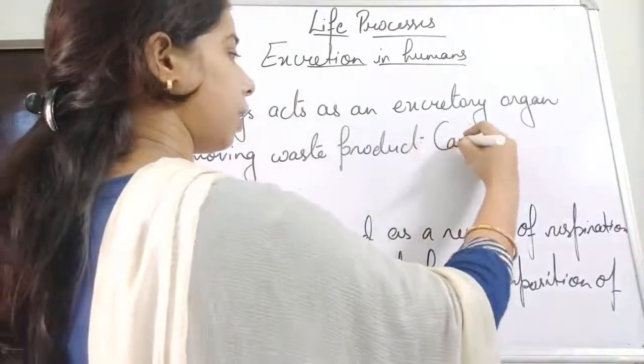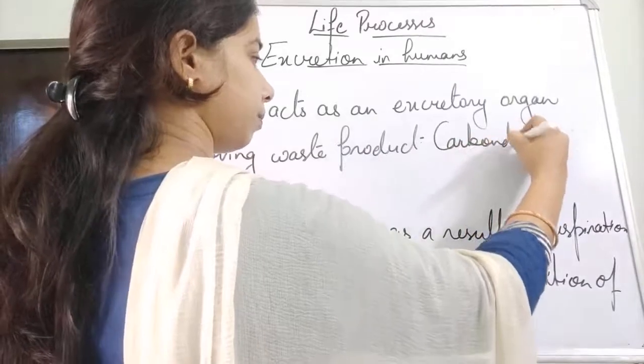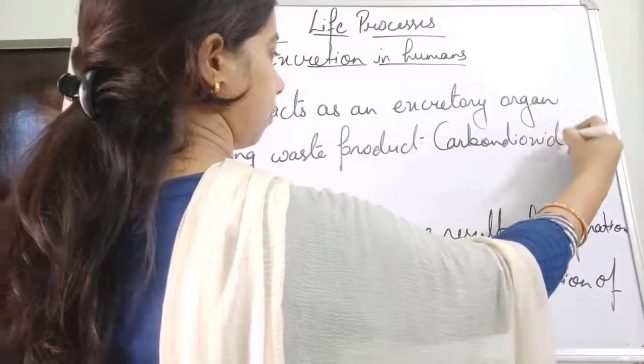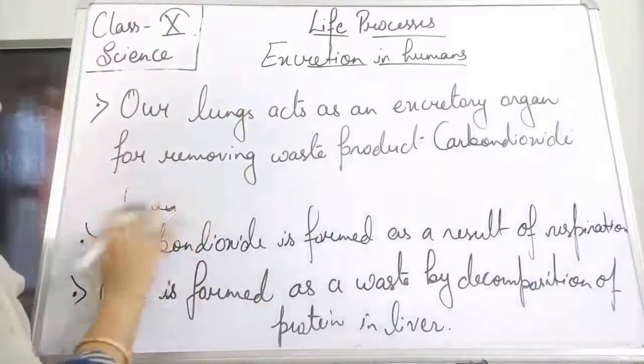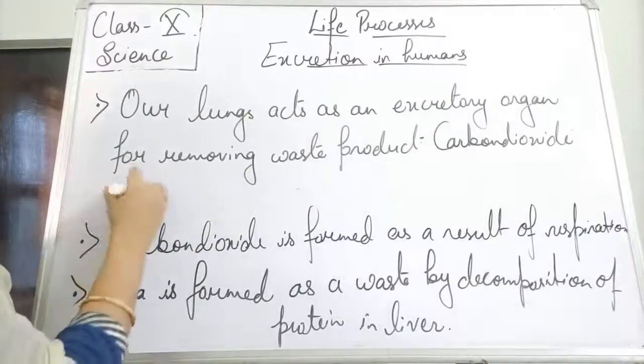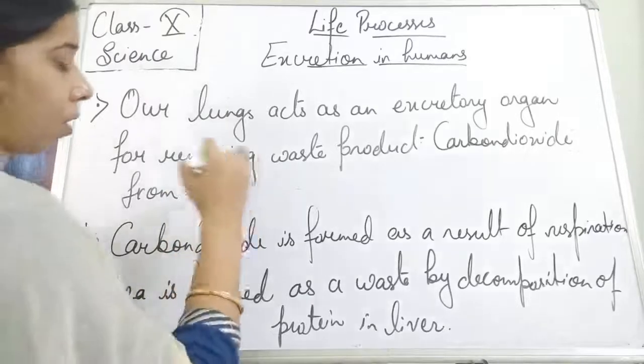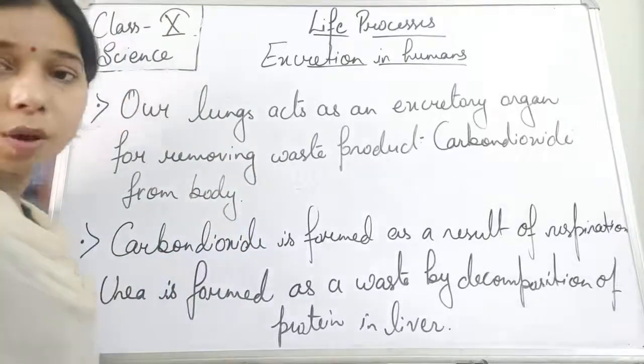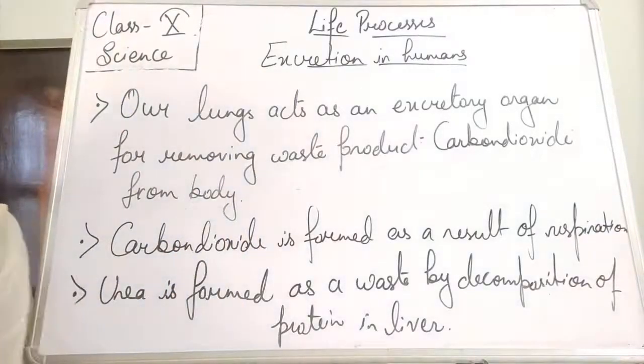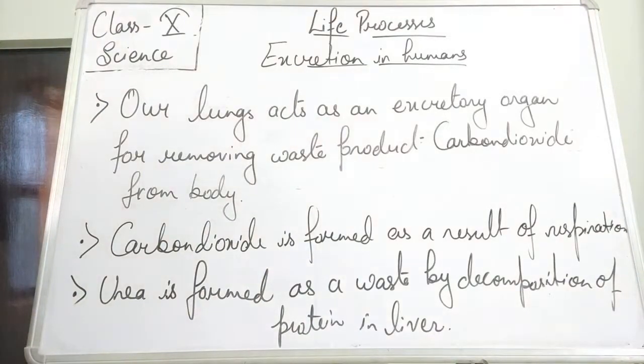Waste product, carbon dioxide. So this is the first excretory organ that we have talked about.